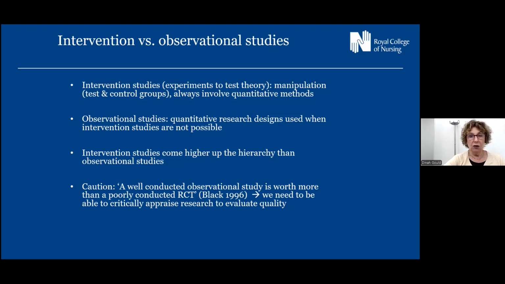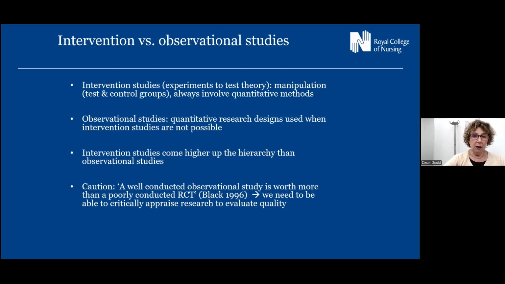And intervention studies always involve quantitative methods because there's got to be measurement in there. Observational studies are the kinds of studies that we do when we want to do quantitative research, but when intervention isn't possible. And we'll talk about that in a minute. So intervention studies, by tradition, come higher up the hierarchy than observational studies. But we have to think about that very carefully.